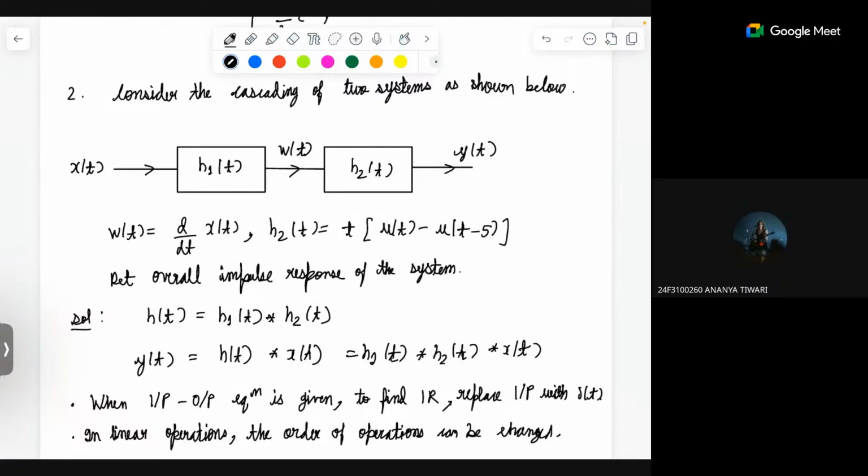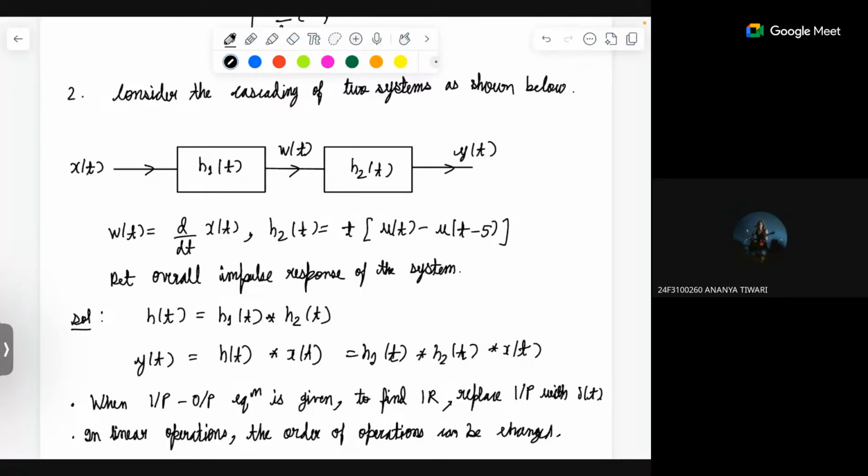So for finding h1 of t, you can use the first hint: when the input-output equation is given, to find the impulse response, replace input with delta of t. Okay, I will do one thing. I will solve this question. The second question is similar, so you can try to solve the second one. Is that fine? Yes, ma'am.